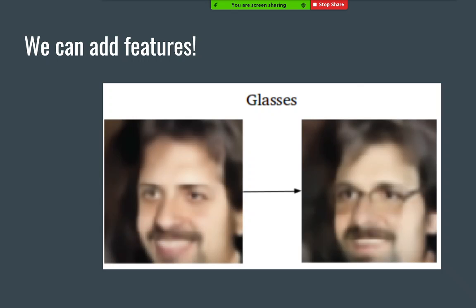So for example, in this case, the neural network has learned that having glasses on the face is one of the features. And if you increase the probability of having glasses on its head, then the person who previously did not have any glasses, upon reconstruction, will have glasses. So we can actually now learn that glasses is a feature that has some likelihood of occurring, and if that likelihood is high, then we should draw it in the picture. And this is exactly what it does.